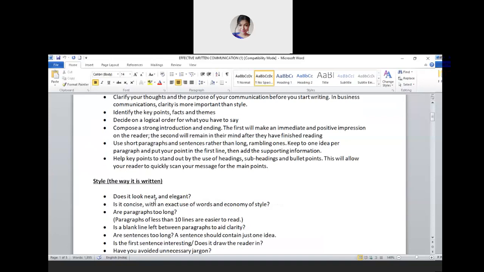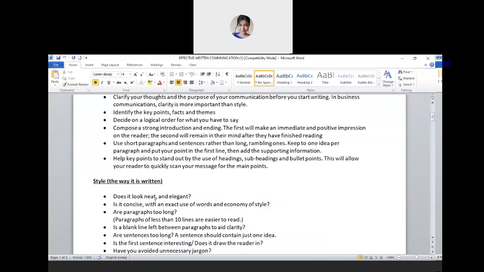Nowadays, we use our mobile phones to write. We send emails, WhatsApp messages, messages on Facebook, text messages. So handwriting has become a little lost, but sometimes you also need to write with the help of a pen. That's a very good habit.